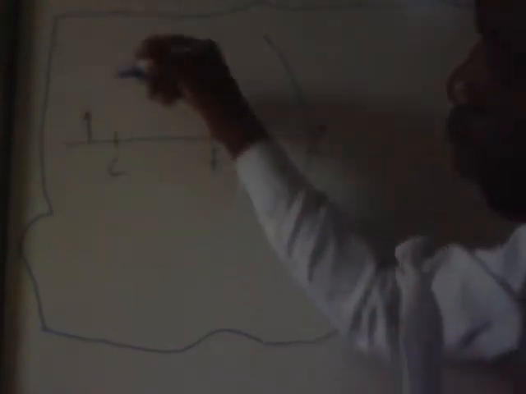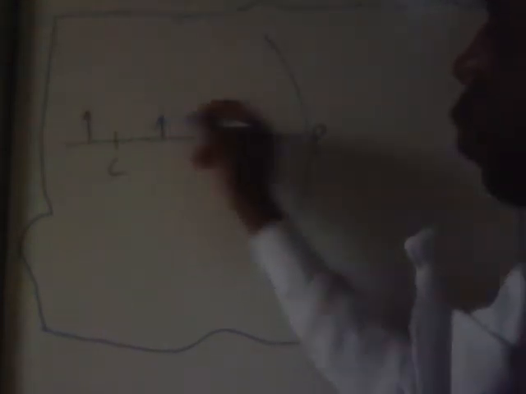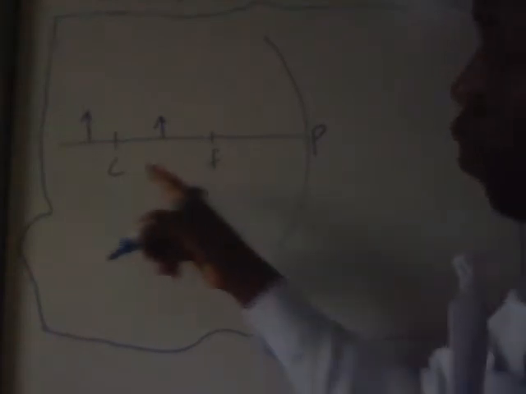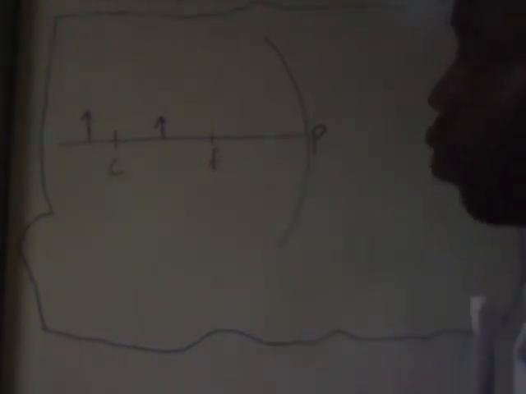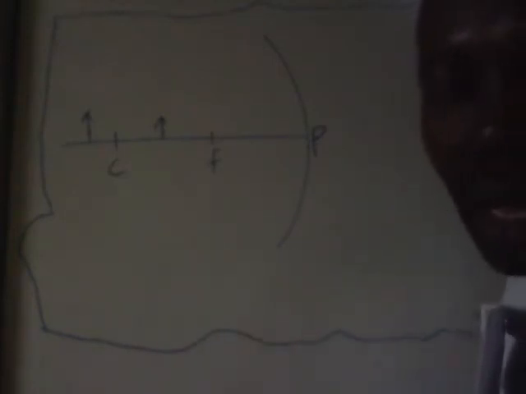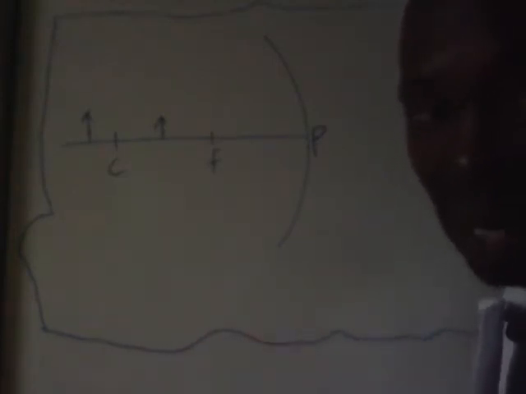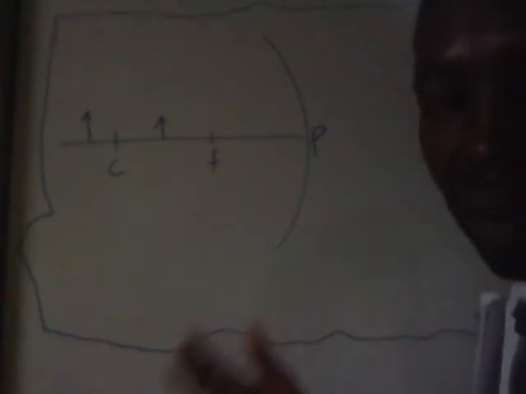If the object is between C and F, the image will still be real and inverted, but it will be bigger, magnified.